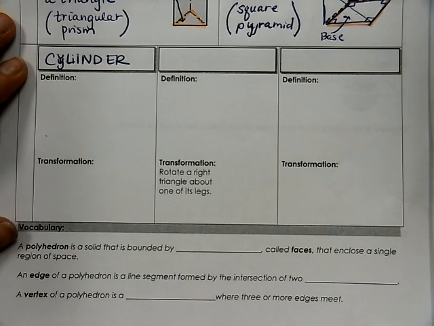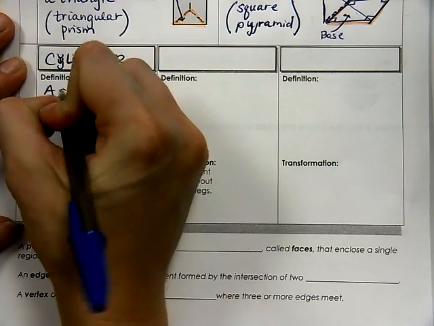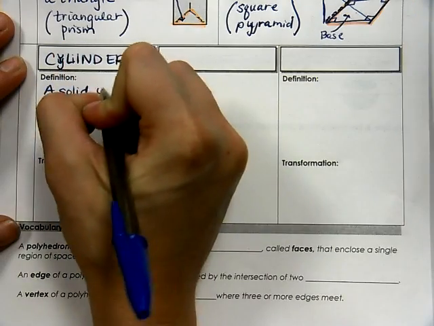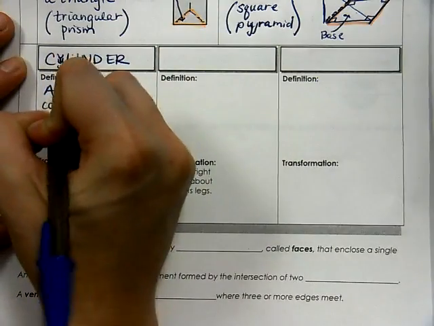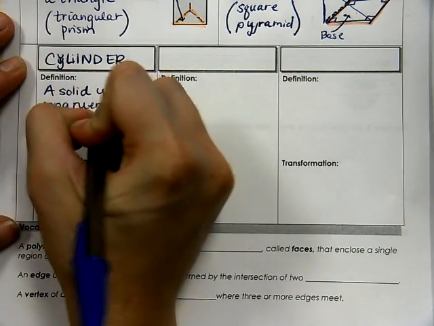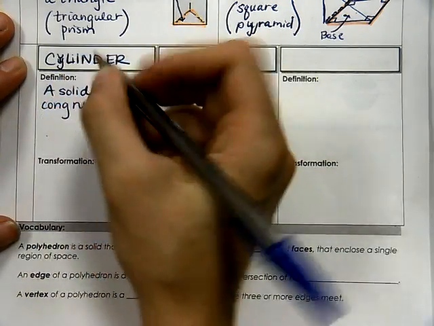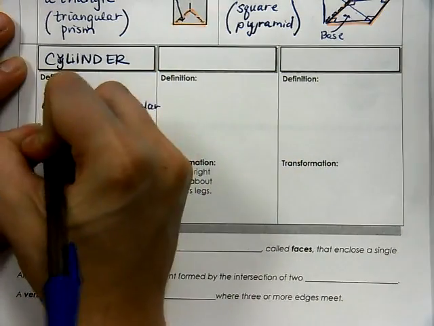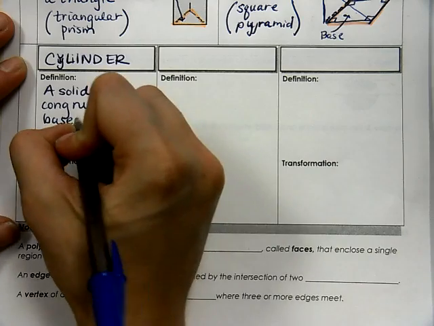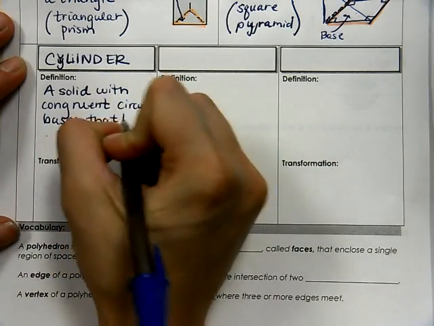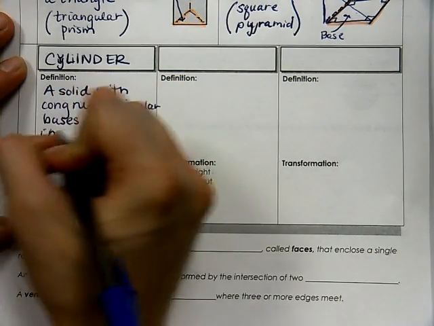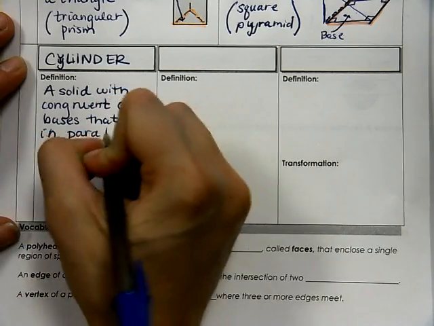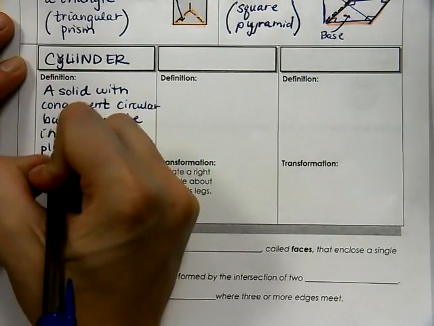The definition of a cylinder is a solid with congruent circular bases that lie in parallel planes.